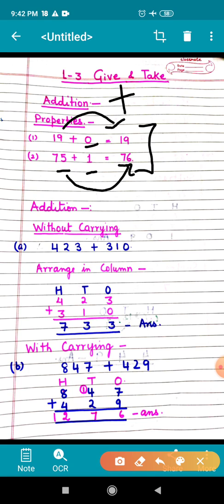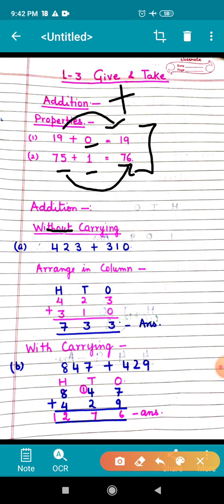And children, this property, or you can say this rule, is true for 1 digit numbers, 2 digit numbers, 3 digit numbers, or 4 digit numbers. Okay, so please do learn this property. If you add 0 to any number, you get the number itself as the answer, and if you add 1 to any number, you will get the next number as the answer.